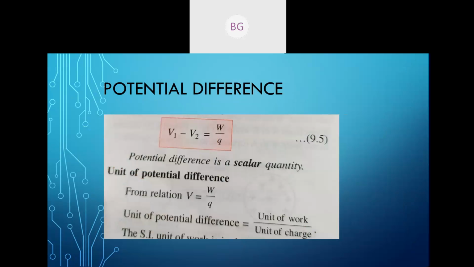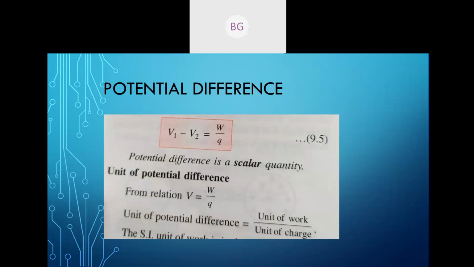Between them there has to be a difference of potential, that is a difference of concentration of electrons between the two terminals. Only then does the flow of electrons take place. That difference is called potential difference. It is also called voltage, right?